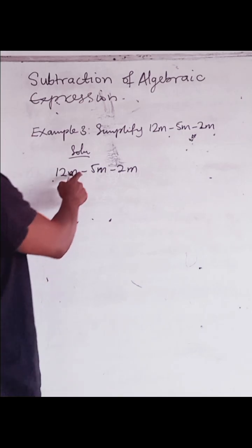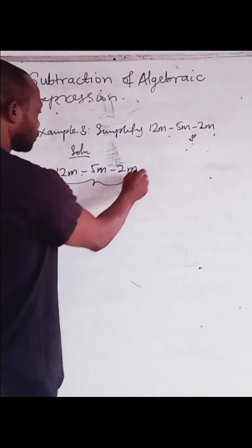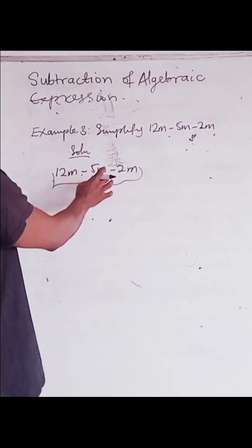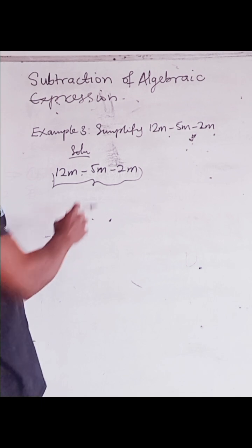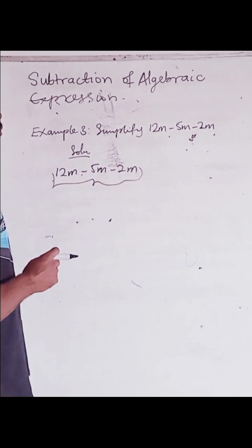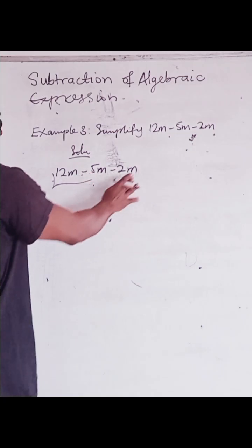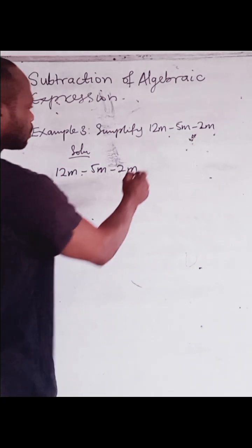Now, when you have something like this, you cannot call it an equation. It is called an algebraic expression. The reason why you don't call it an equation is because it is not equated to anything.